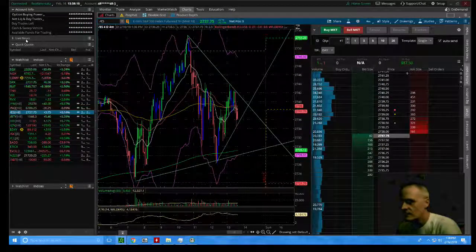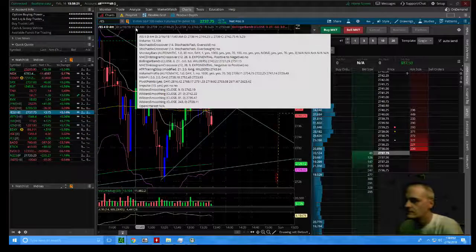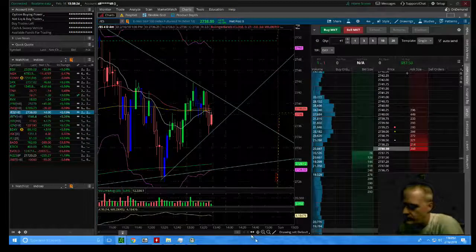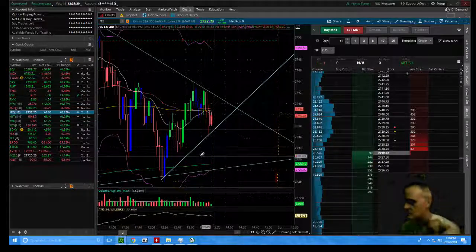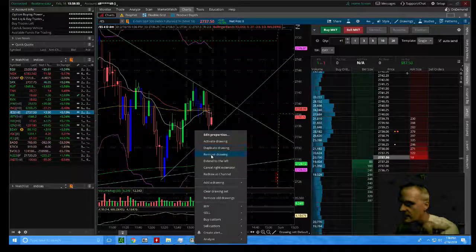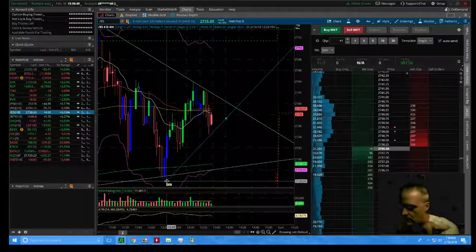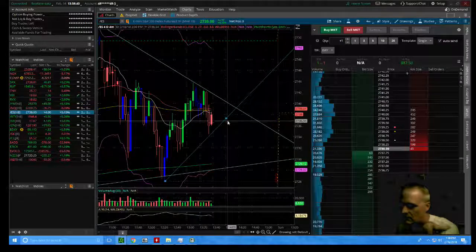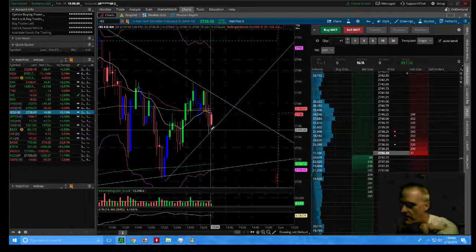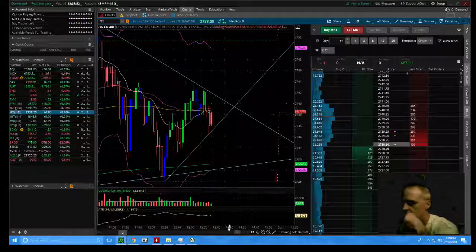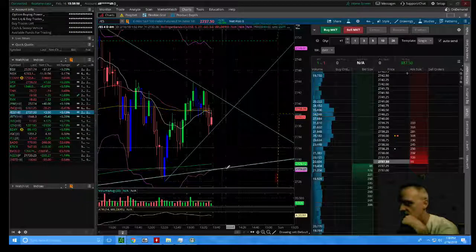Okay, I guess I have to click on it more than once. So a trade down to this trend line is either going to be a bounce back up, which right now is what it's looking like, or a breakthrough, and if it breaks through, it's going to come all the way down here.